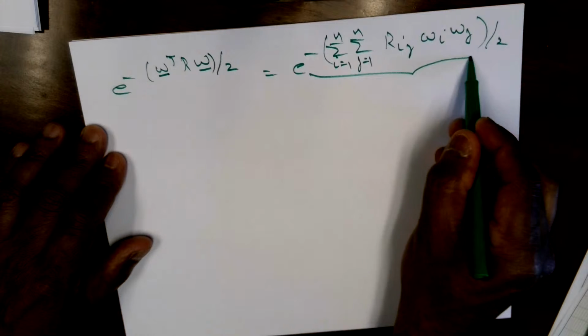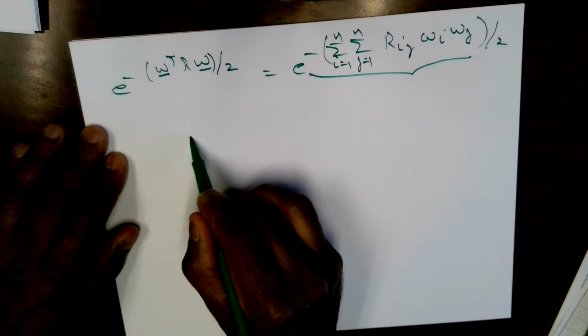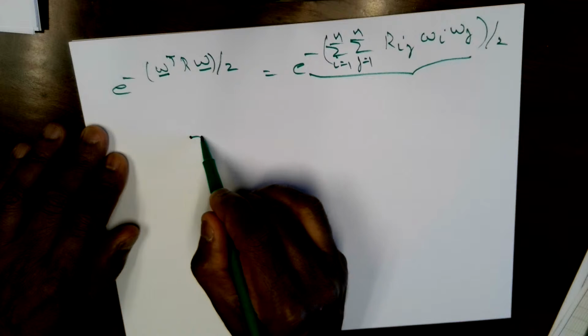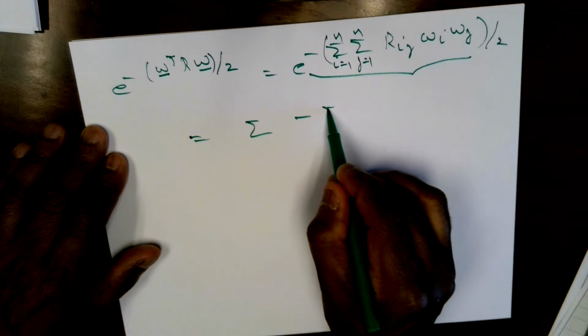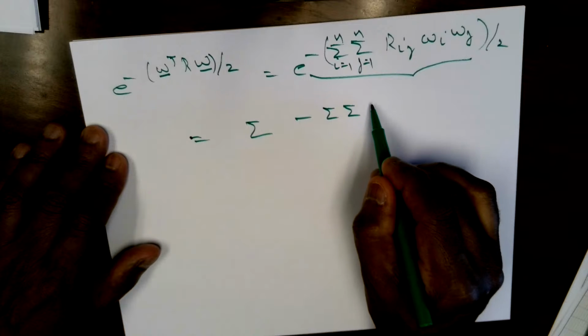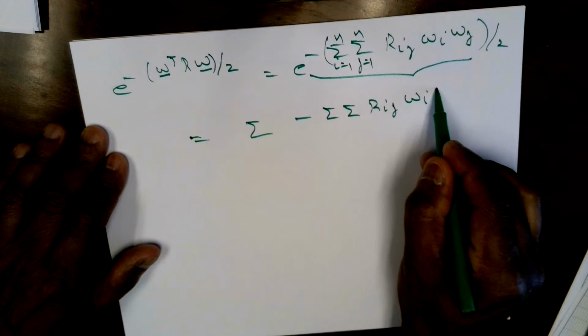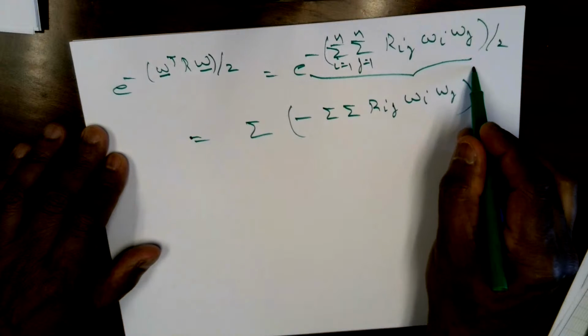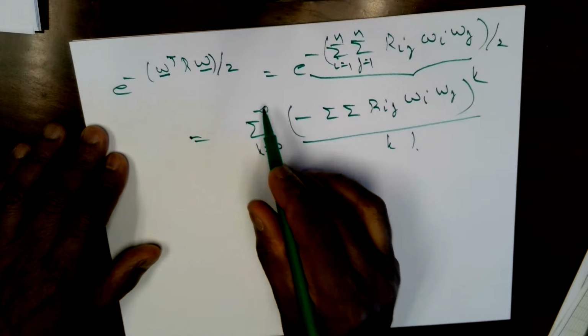So this is after all the expansion of e raised to minus something. So that can be expanded as summation of minus this quantity, Rij omega i omega j, to the power k over k factorial, k goes from 0 to infinity.